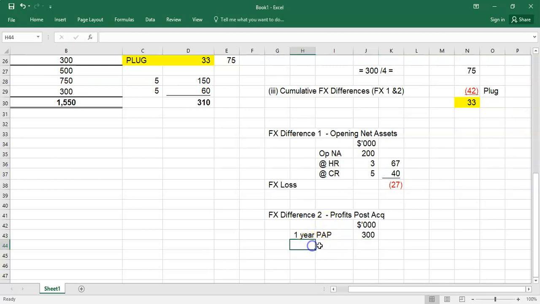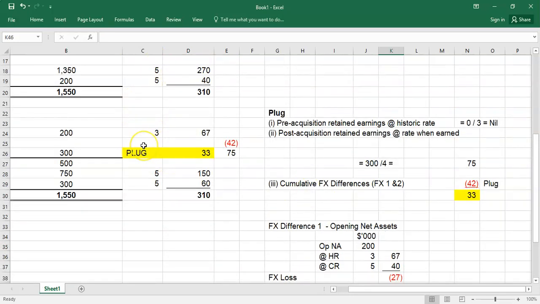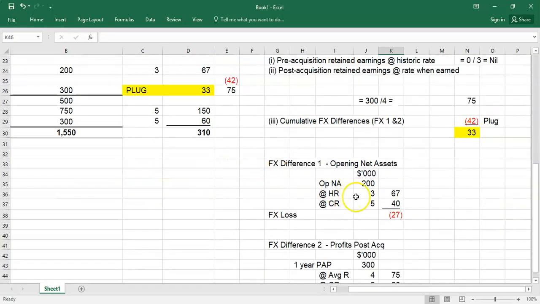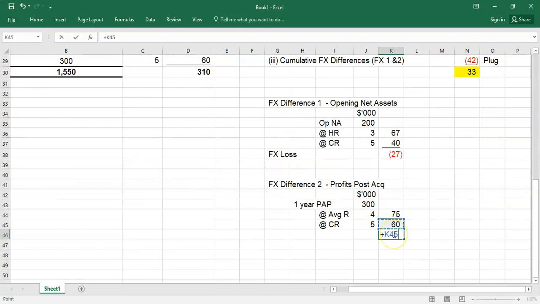In IAS 21, they are converted at the average rate, whereas everything else is converted at the closing rate. So there's invariably going to be a difference there between the 4 and the 5. Converted at 4 gets me to 75. Converted at 5 would only get me to 60. So because we have that difference in the two sides of the statement of financial position, that's going to create an FX loss as well.